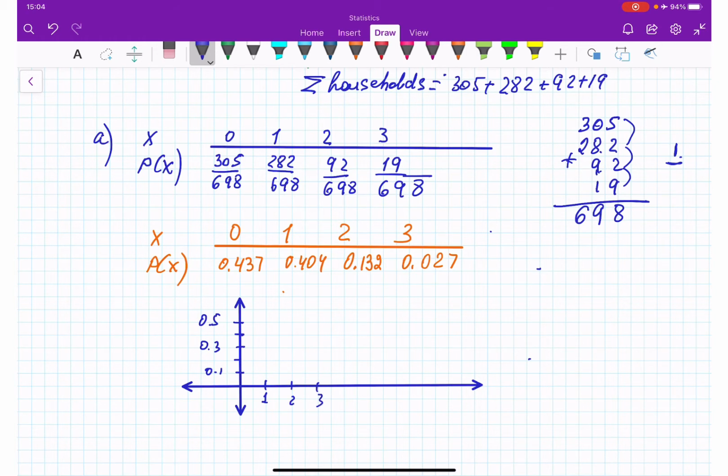Okay, we have it. So first thing, for 0 computers, we have 0.437. So if this is 0.4, right? 37, it's going to come, let me see. Let me make it easier.